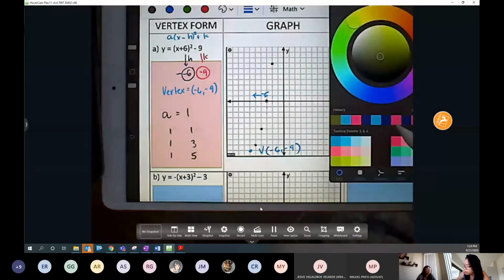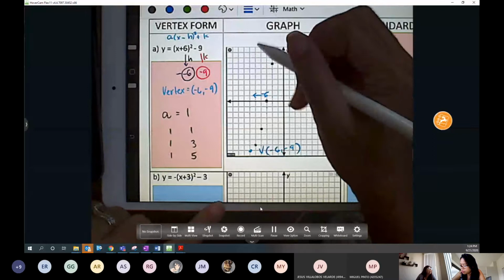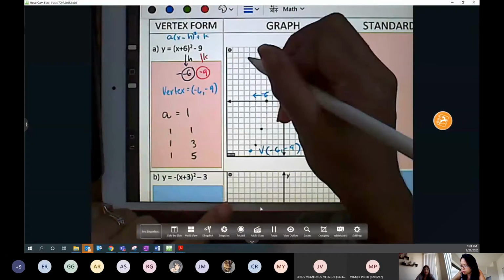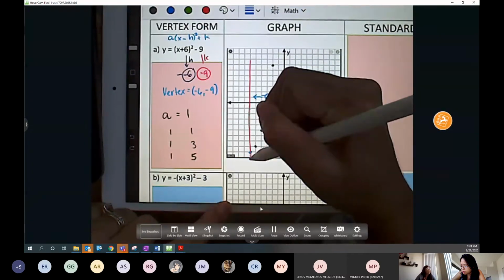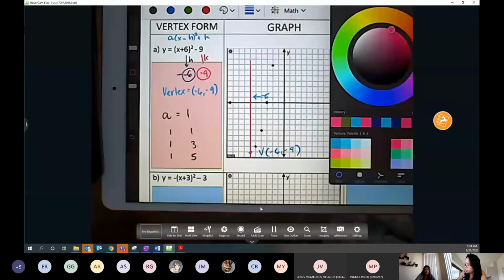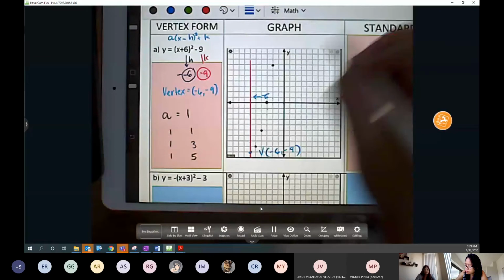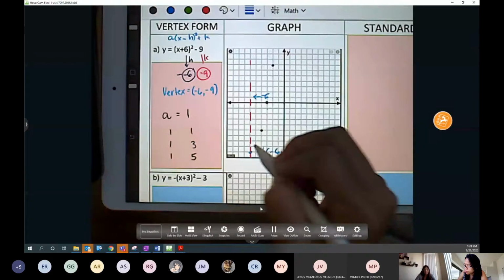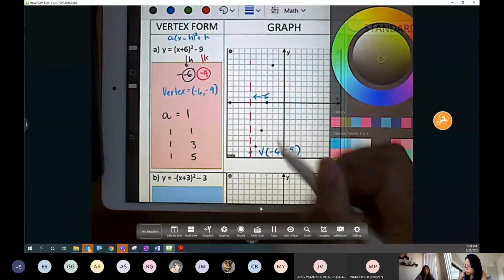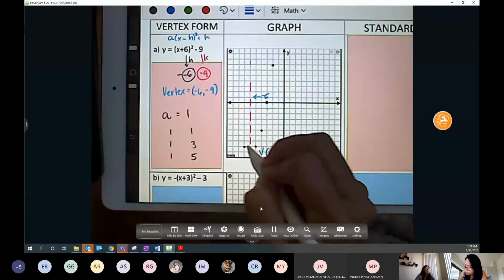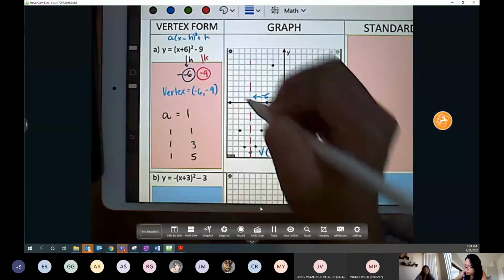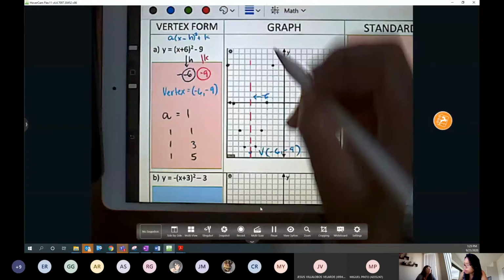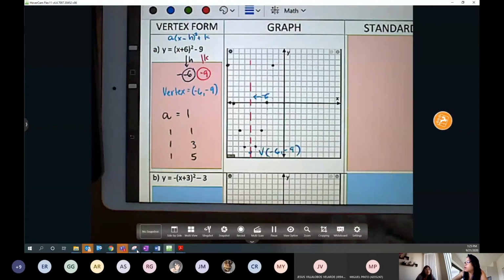Okay. And this is going to be our axis of symmetry. And then we just have the same points on the other side of the symmetry. So you can also draw on your notebook.